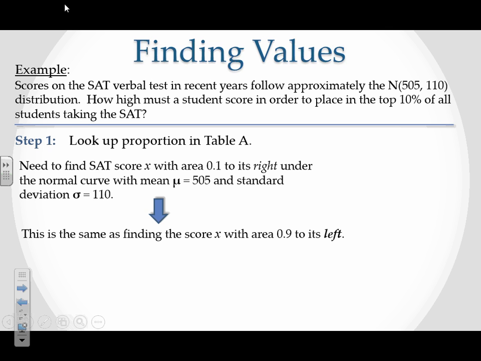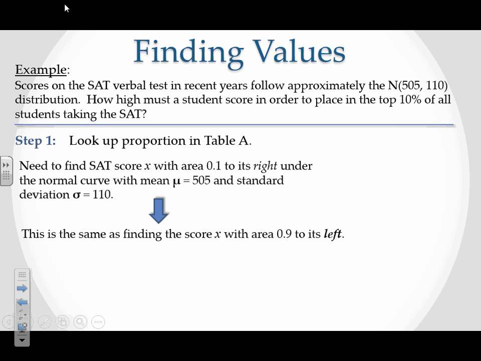If they're telling us the bottom certain percentage, then we just look up exactly what they're telling us, because that's going to give us that area to the left that we actually want. So you got to be very careful with which percentage you look up in your table. Okay? So anytime I say top percentage, you're going to have to convert that to a left percentage and use that to go through your problem.